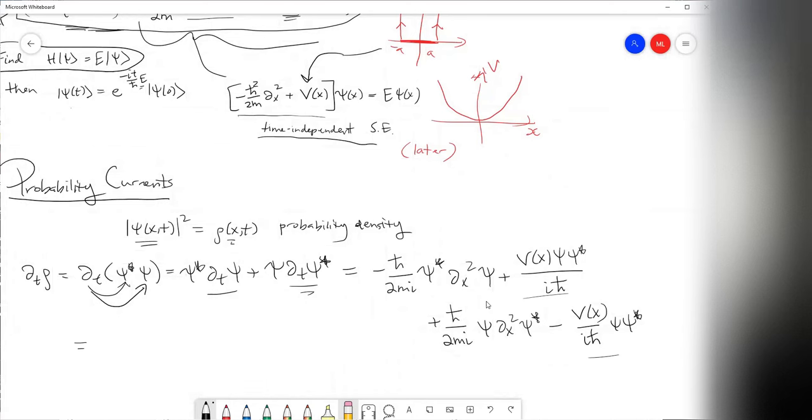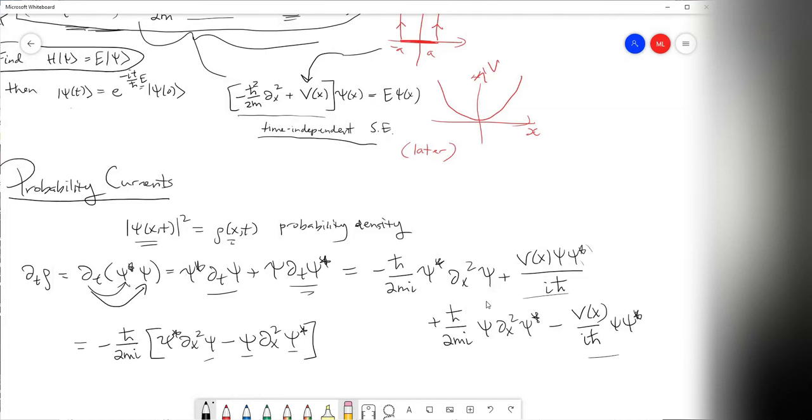And what you're left with is minus h bar over 2mi, psi star, two derivatives acting on psi, minus psi, two derivatives acting on psi star. And these don't necessarily cancel because this is acting on psi star and this is acting on psi. Here, it cancels because it's just the product of psi and psi star, so you can flip them around.